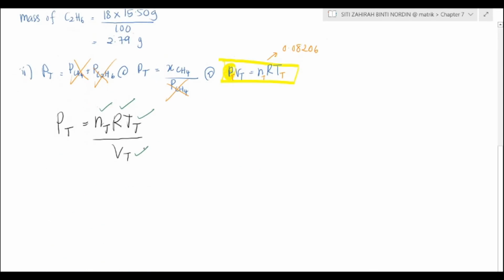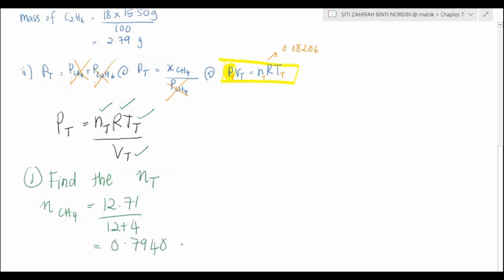So find the total mole first. The mole for CH4 would be 12.71 divided by 12 plus 4, which would be 0.7940 mole. Remember class, mole answers must be in 4 decimal places.